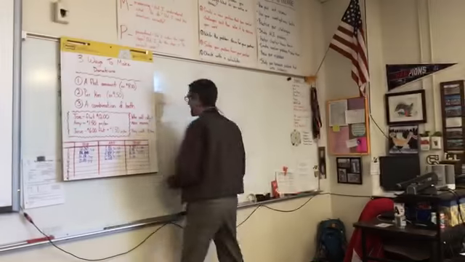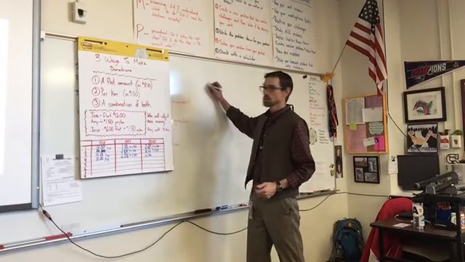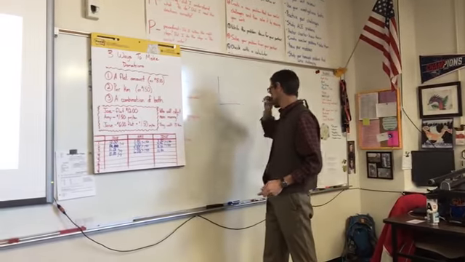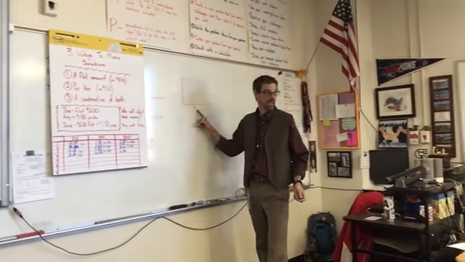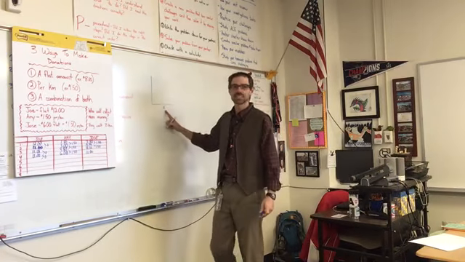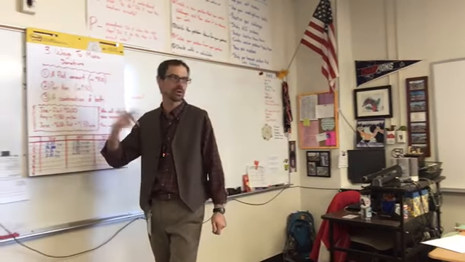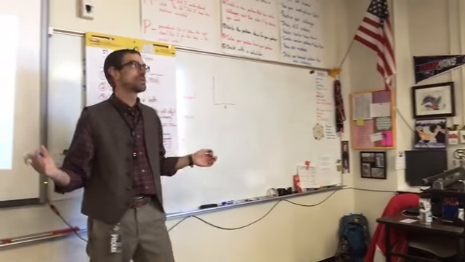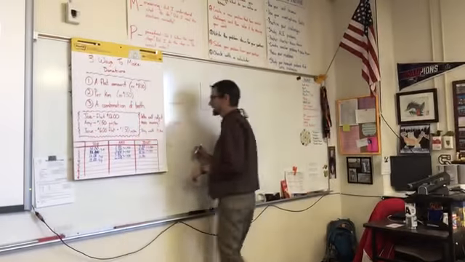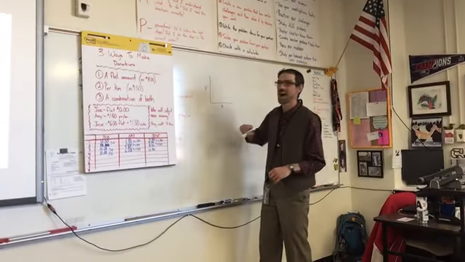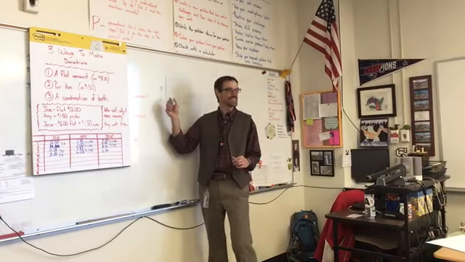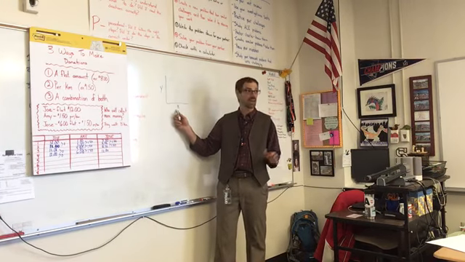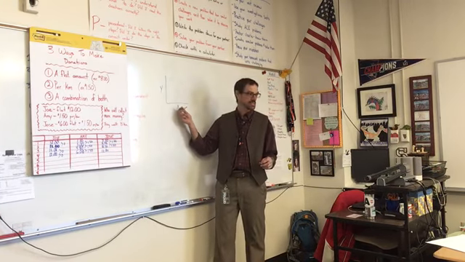So the independent variable is on the x-axis, okay, and it does not depend on any other factors. The dependent variable is found on your y-axis and is 100% dependent upon the rate as well as the independent variable.